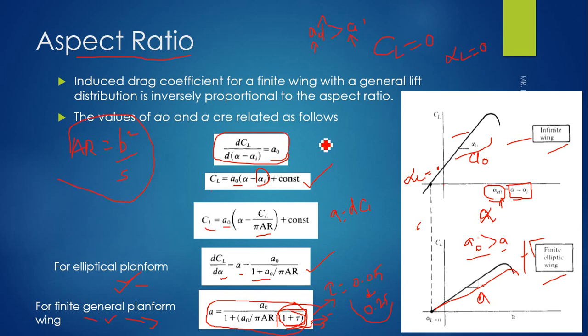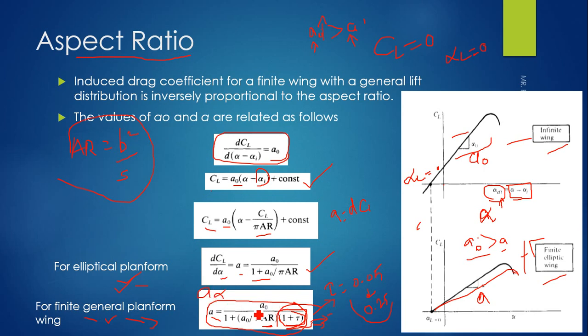But when compared to the finite wing, that means if you are converting an airfoil into a wing, then the lift curve slope changes. That is because of the aspect ratio. The lift curve slope is inversely proportional to the aspect ratio, so when the aspect ratio increases, the lift curve slope will decrease.